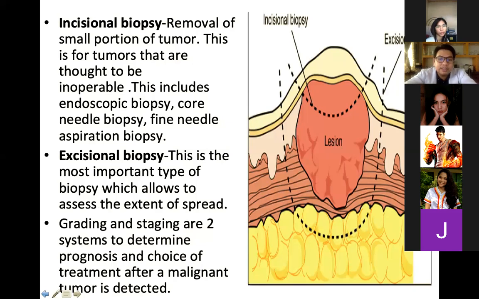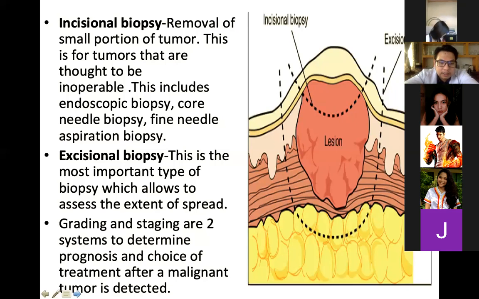This includes endoscopic biopsy, core biopsy, fine needle aspiration biopsy. So, kukuha ka lang ng portion ng tumor and then you are going to test it for examination. For excisional biopsy, class, this is the most important type of biopsy which allows you to assess the extent of the spread. So kung ang incisional hanggang dito lang, excisional kukunin mo lahat ng tumor.